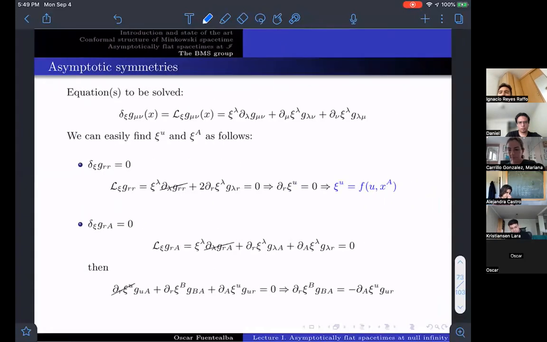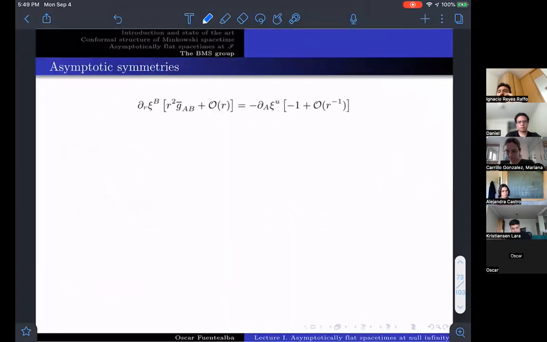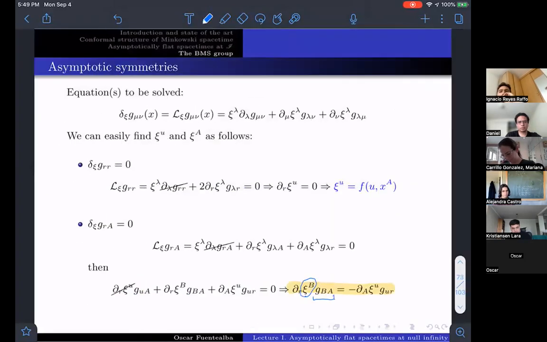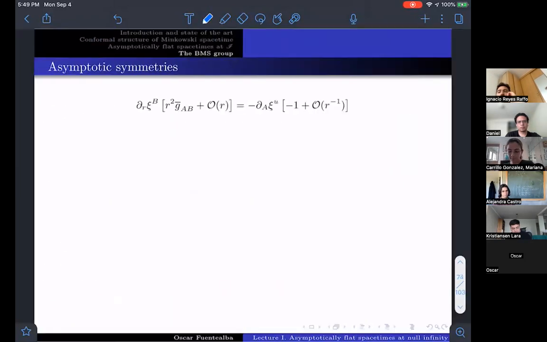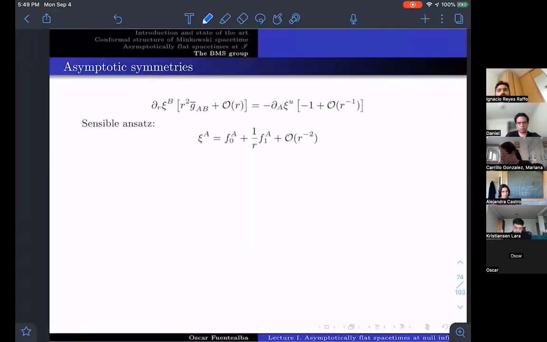And finally, we obtain this equation here. Then, in order to find this vector here, we have to take the inverse of this metric, which can be done, but I just wanted to show you that it's possible to just introduce the fall-off of the fields and solve this equation order by order.